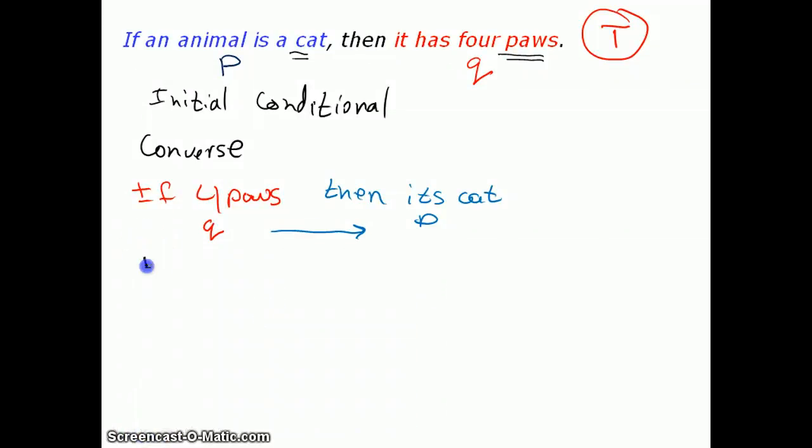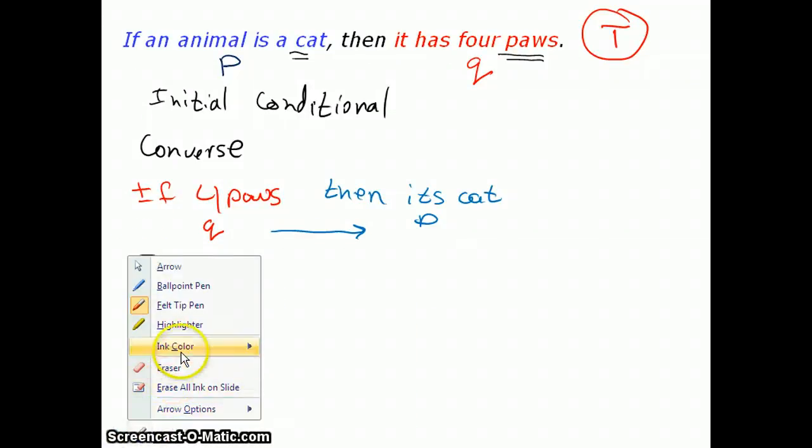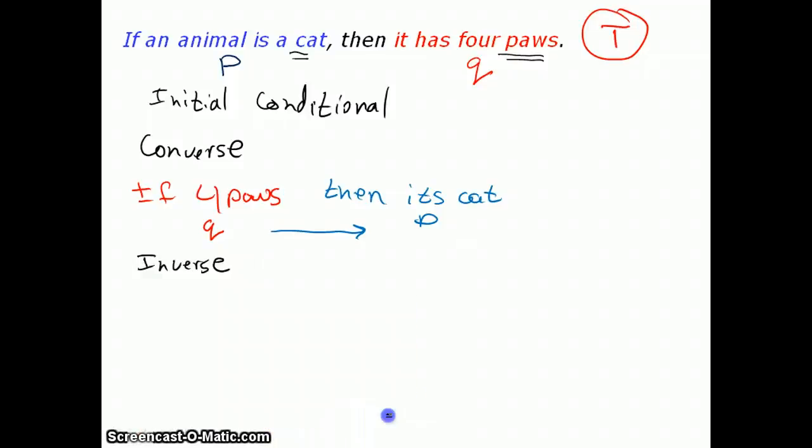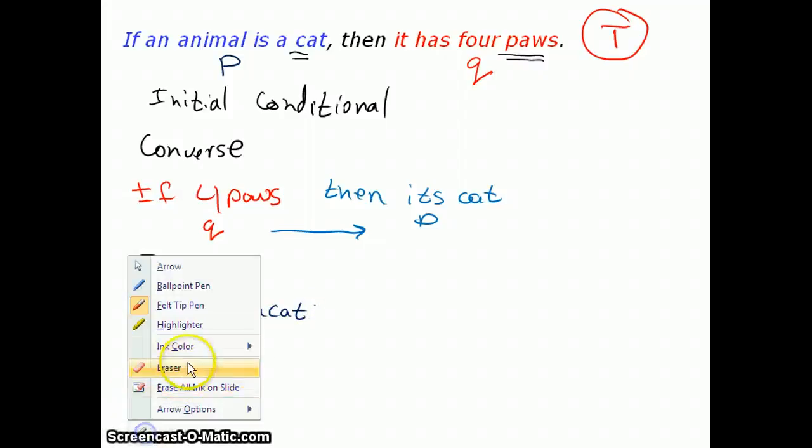Let's talk inverse. Go back to your rules. What am I doing with the inverse? I'm negating stuff. So I want to talk about not P. So if it's not a cat, then it does not have 4 paws.